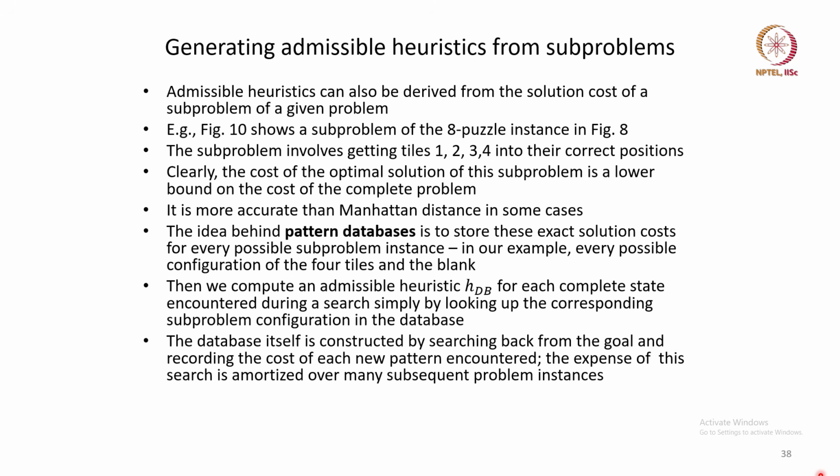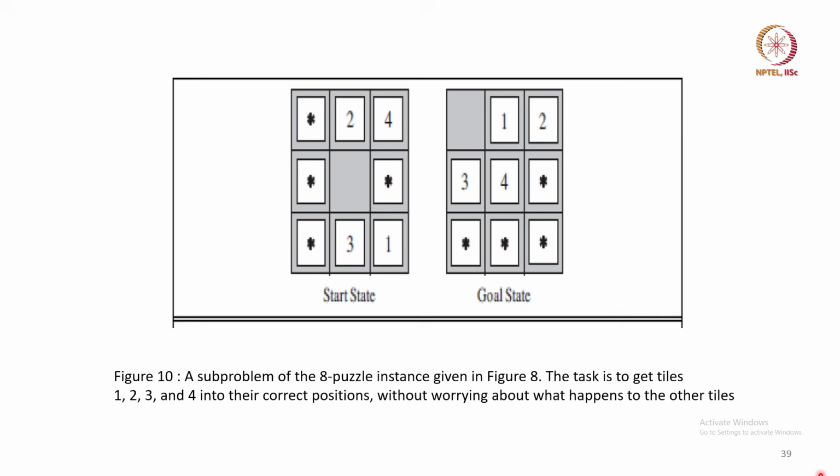You can also derive heuristics by finding a solution to a sub problem. For example, if we look at this figure here, we have created a sub problem from the problem where we consider only 1, 2, 3 and 4. This is the original start state with 1, 2, 3 and 4, and this is the final 1, 2, 3, 4 that we need to have. So how do we find a heuristic for moving from this to this?